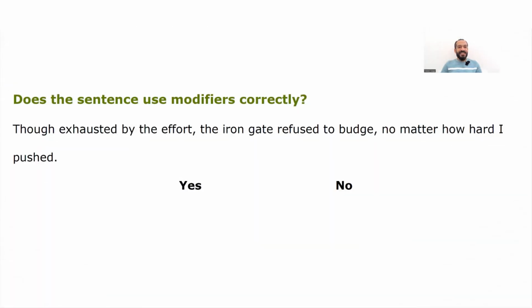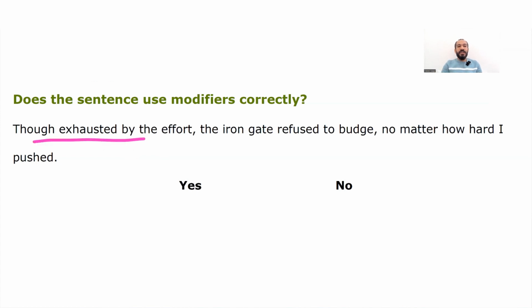I know you're getting bored, so this is going to be our last example for today. The example says, "Though exhausted by the effort, the iron gate refused to budge, no matter how hard I pushed." Take it easy now. Think about the modifier. You may pause the video and search for it. The modifier is "though exhausted by the effort." That's correct.